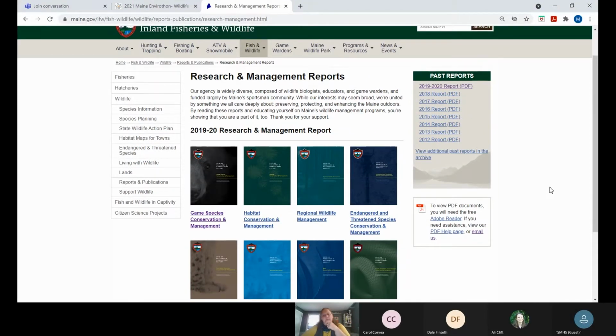I think a big part is again getting used to identifying skulls, getting familiar with the pelts, and the tracks are going to be really important, and understanding where critters are living is another big piece.